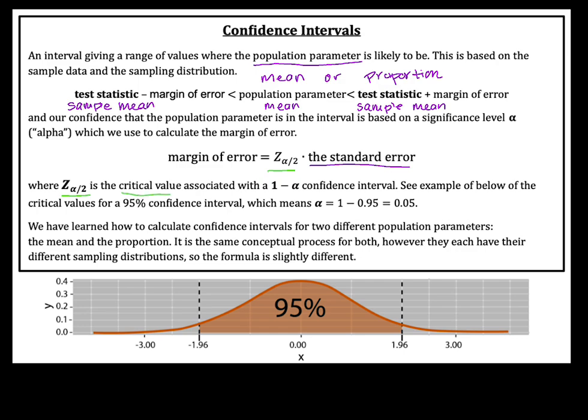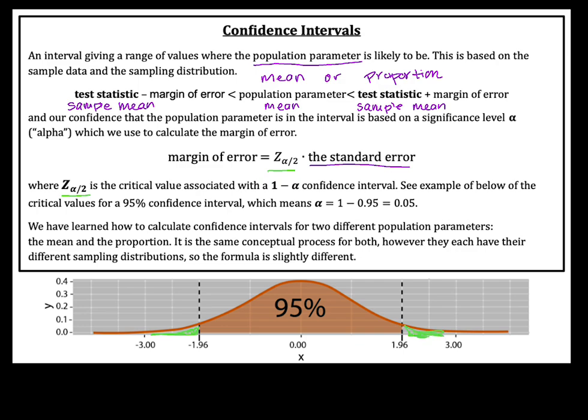So for example, if we want a 95% confidence interval, in other words, if we want to be 95% confident that the actual population mean is in between the two values in the interval that we create, that means that we're going to have in our tails of our distribution that 5% of our distribution is going to be split into these two tails.